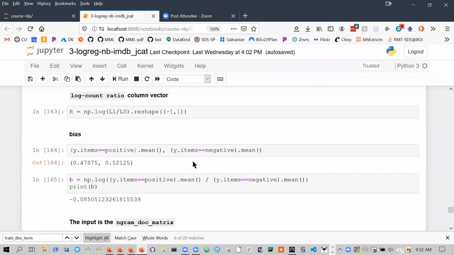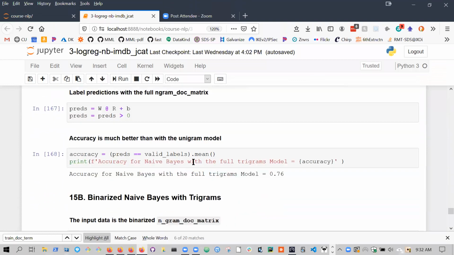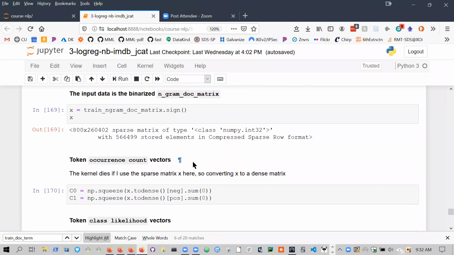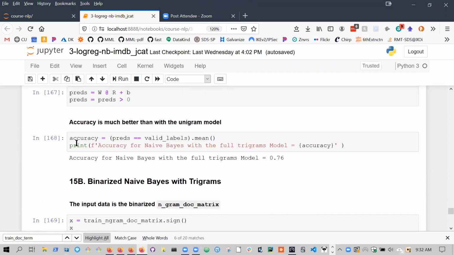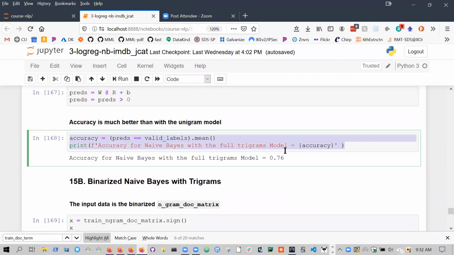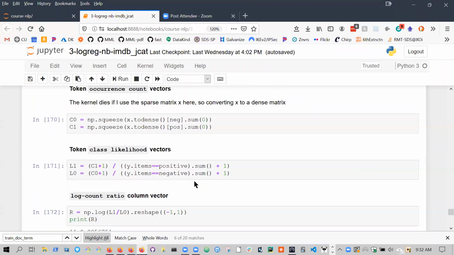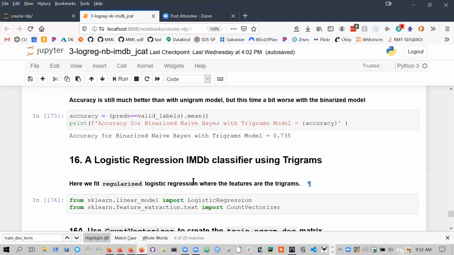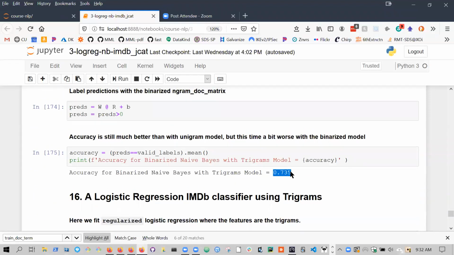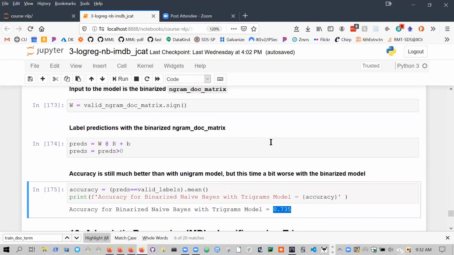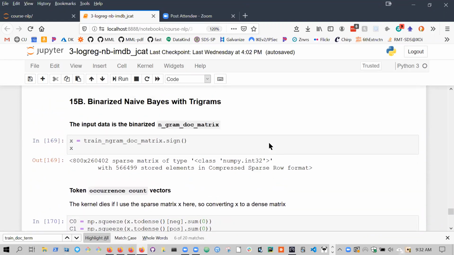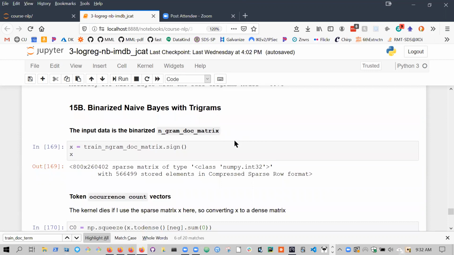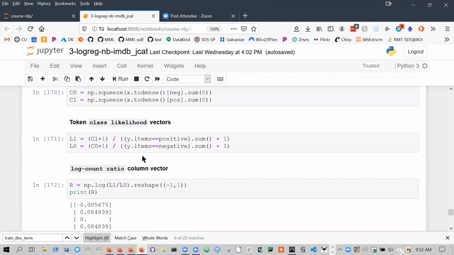I'm just going to go through the results because we've already seen the formulas and everything. What we end up with is an accuracy for the full trigrams model of 0.76. And then if we do binarized naive Bayes, we get 0.73. Let me understand what this is.